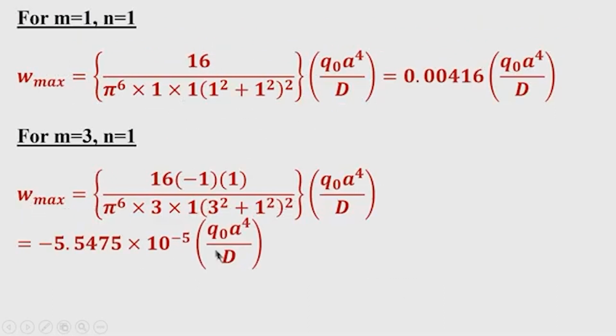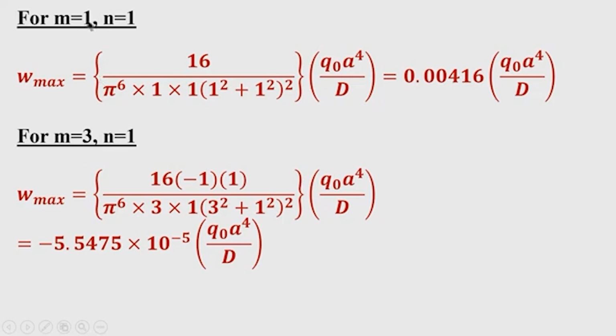Okay. So, for m is equal to 1, n is equal to 1, the center deflection is calculated after substituting the value of the integers. Here both the integers are 1. So, we get the result as 0.00416, and this is with the load, dimension and flexural rigidity. Okay. Similarly, m is equal to 3, n is equal to 1.